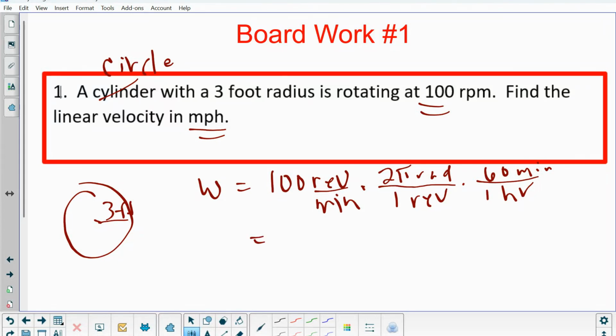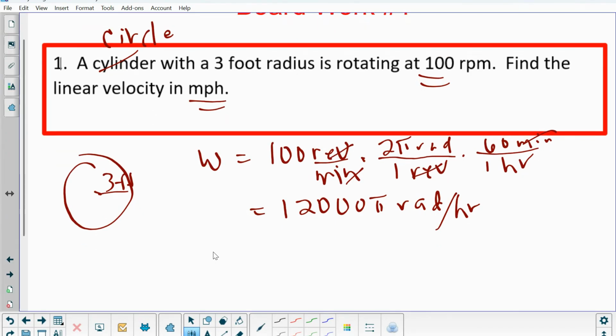Actually, let me do this in terms of pi so that I don't have decimals, and I'll put the decimals at the end. So this is going to be 12,000 pi radians per hour. Okay, so my minutes cancel, my revolutions canceled, radians per hour.